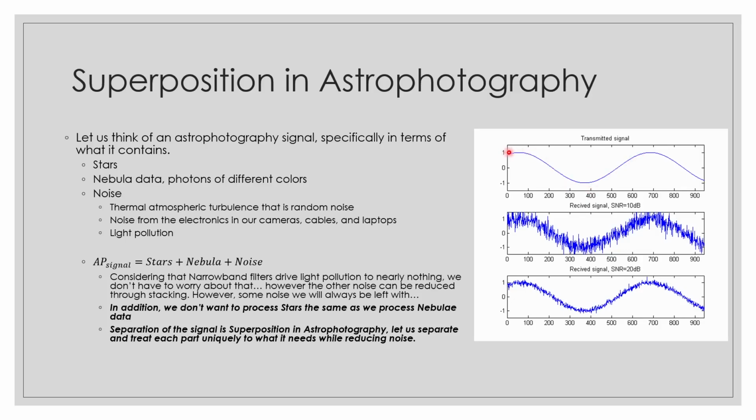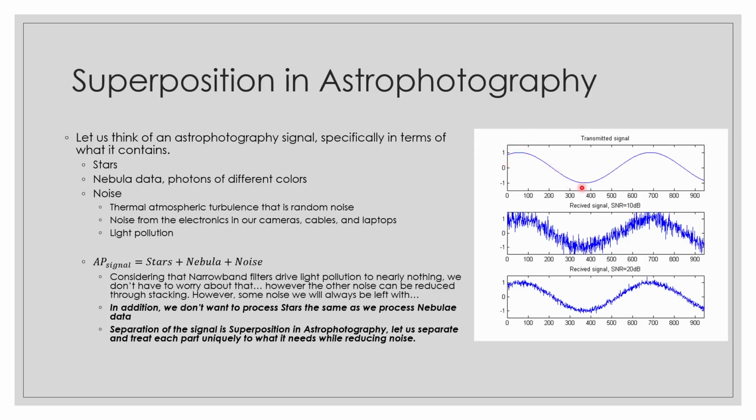That signal that's emitted is a pretty pure signal. We'll consider it a pure signal, the signal that we are interested in and want. But what happens if we think about what an astrophotography signal contains? Well, it contains star data, nebula data, photons of different colors in the nebula and stars, and then it also contains this component of noise.